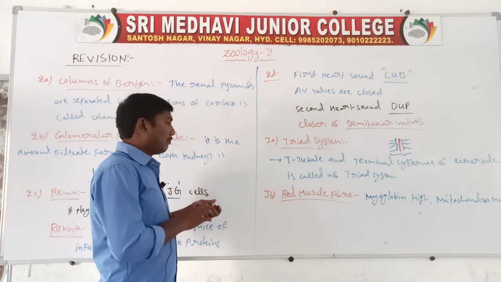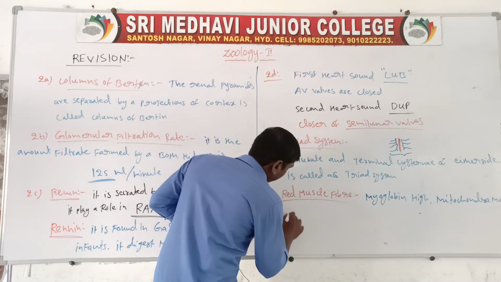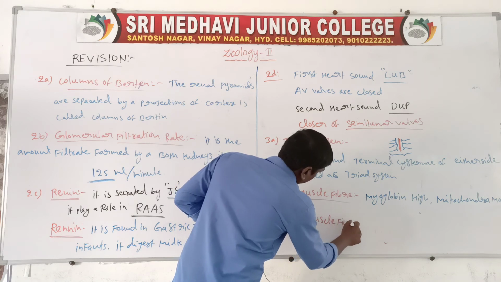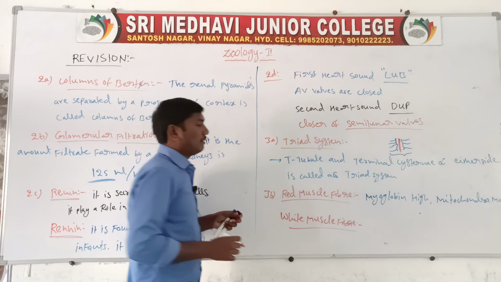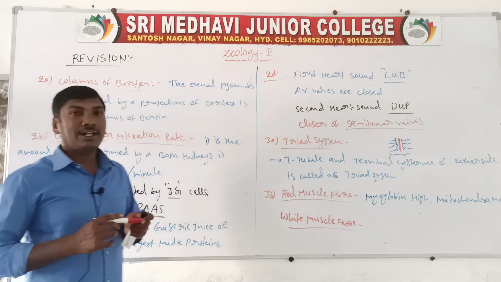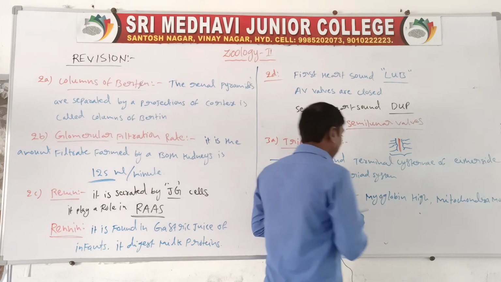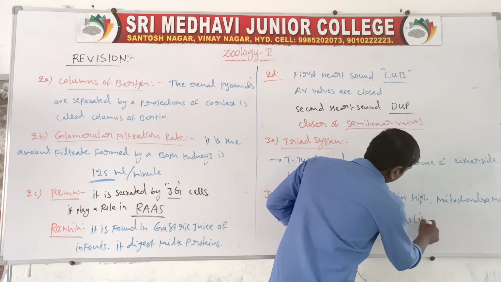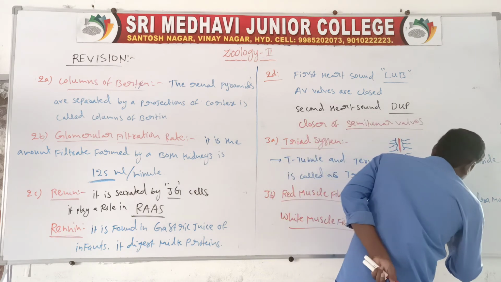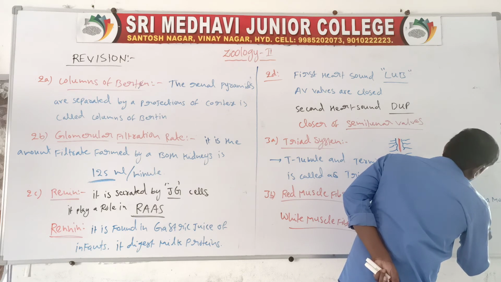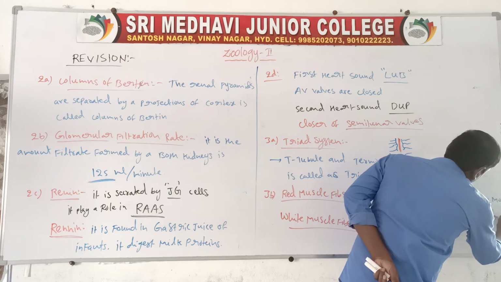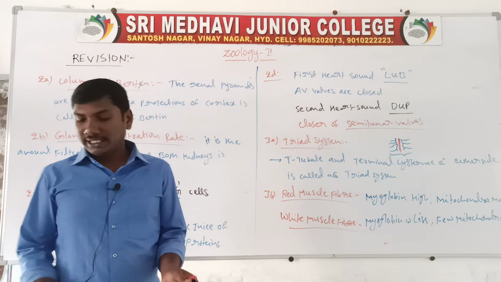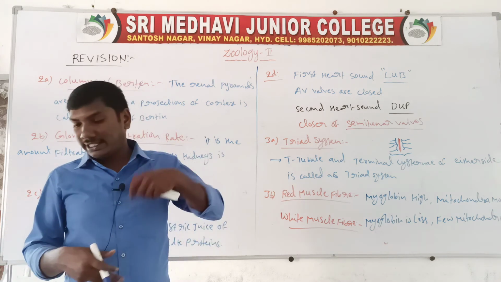Next one, white muscle fiber. White muscle fiber means myoglobin is less and mitochondria are few. So, red muscle fiber means myoglobin is high and mitochondria are more.